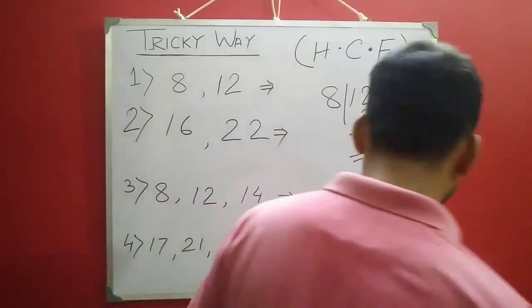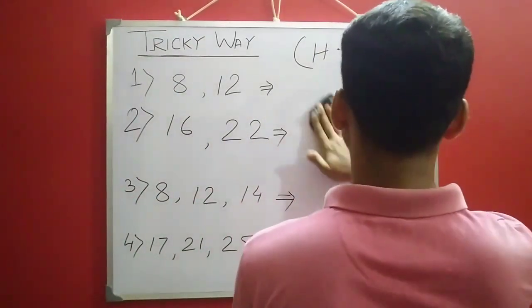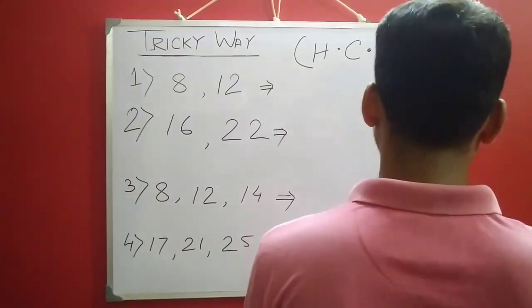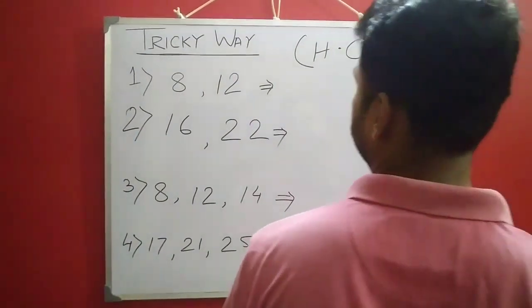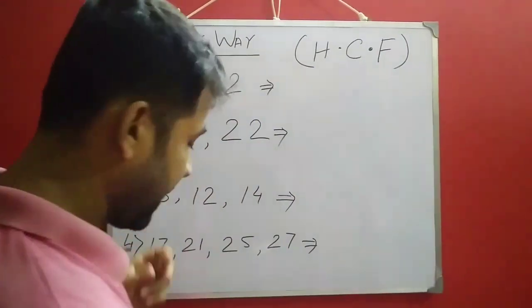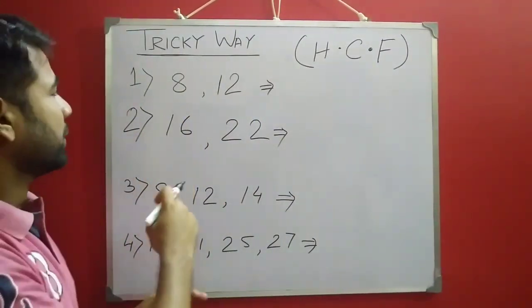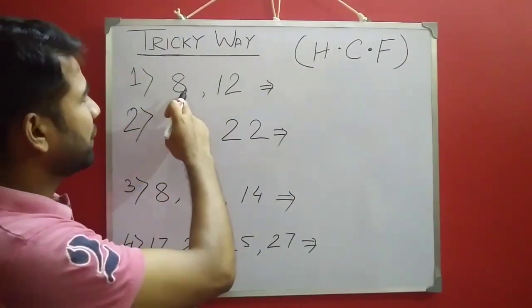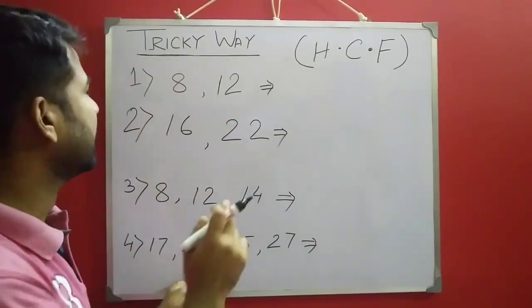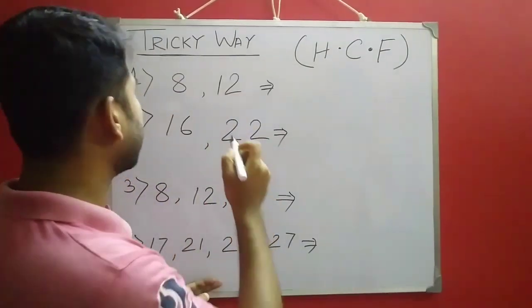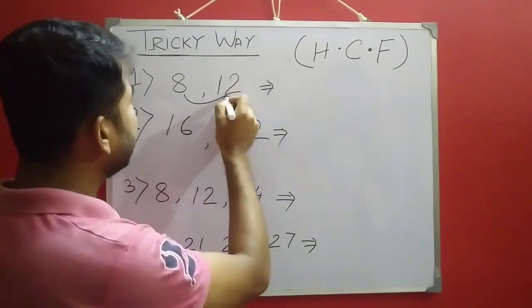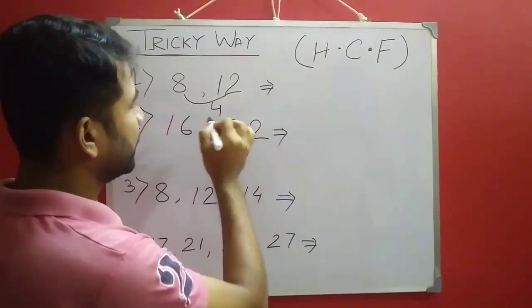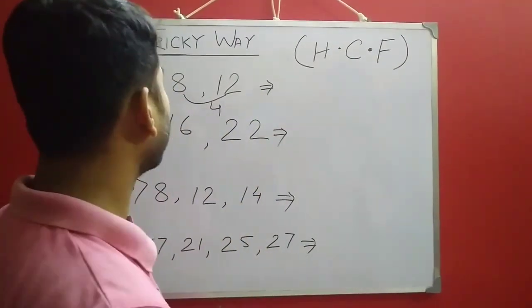So, what should we do at our exam center? At first, we just calculate the difference between the numbers. The difference here is 4.